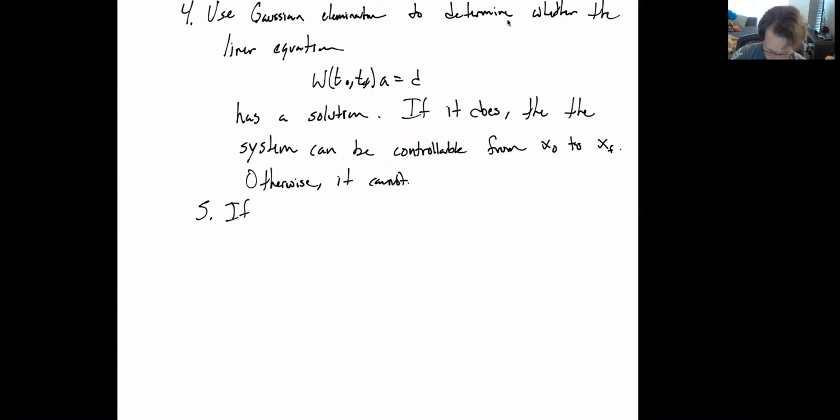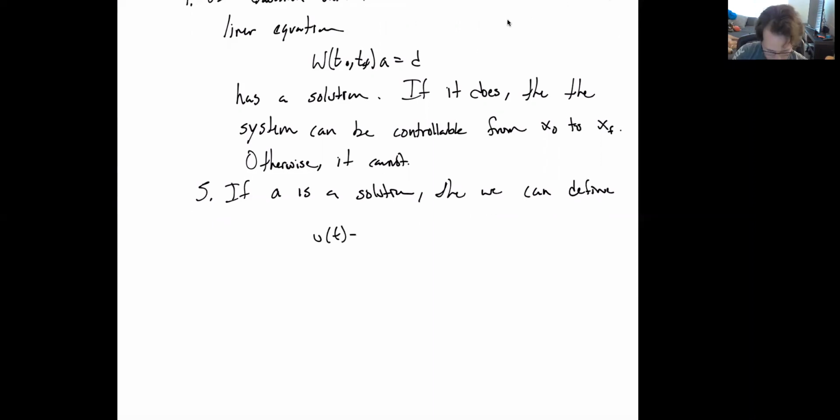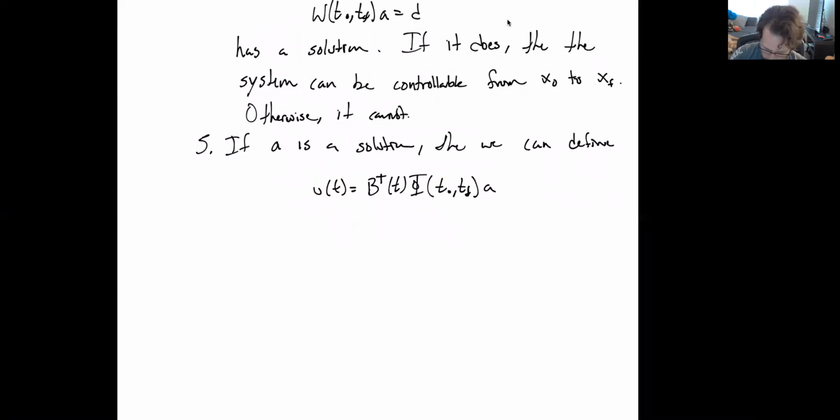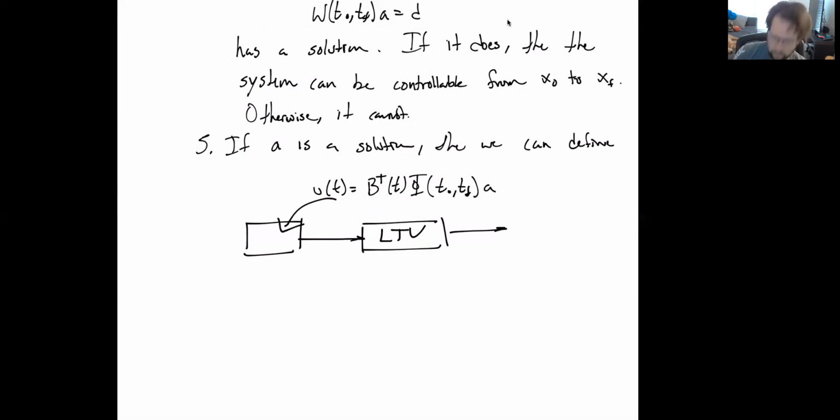So if we can find that A, then we can define our input as U of T is equal to D transpose T, because remember this is a linear time varying system, times the state transition matrix TF times that vector A. And so then if we take this and apply it into our system, so now if we have our system here, this is our linear time varying system, and we have our input U here, then we get the result that we want.